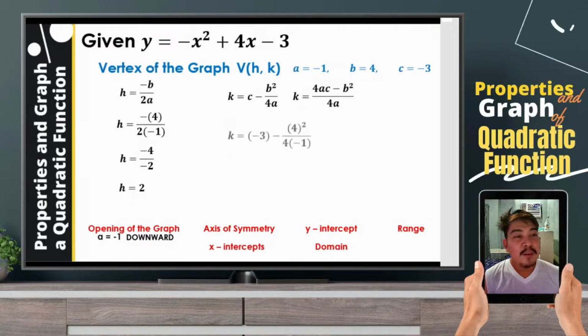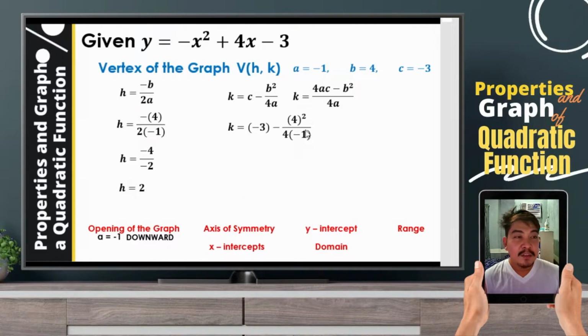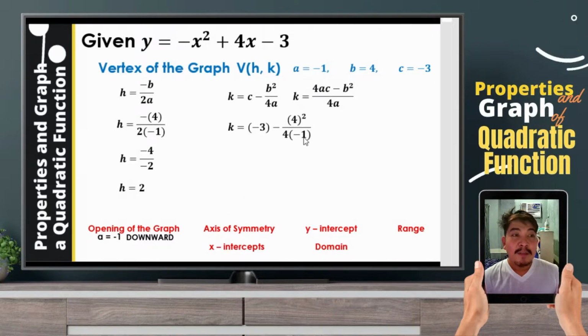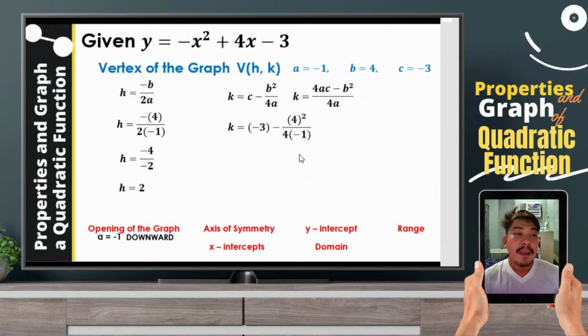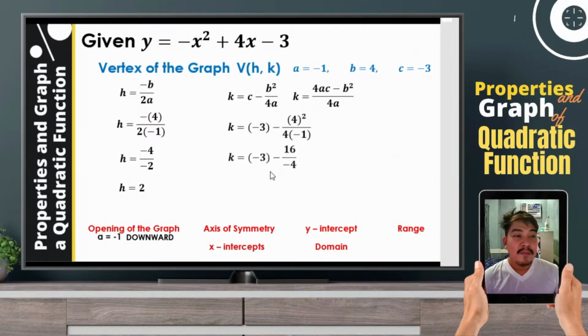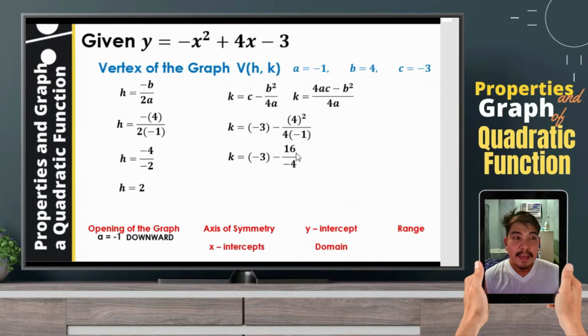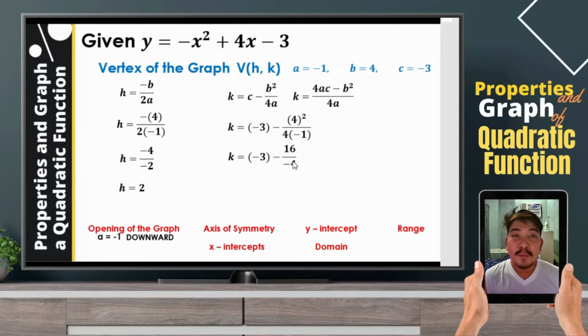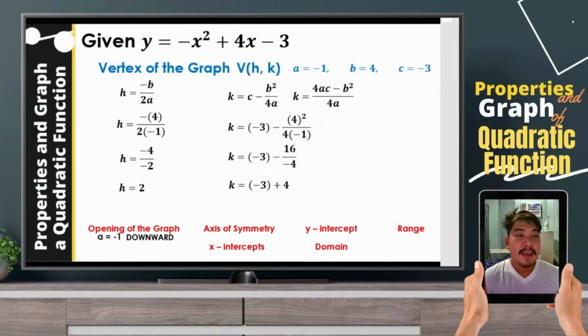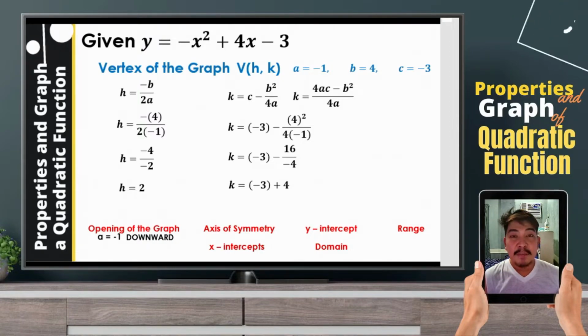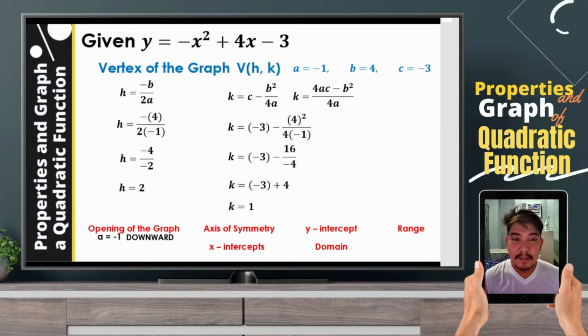And for the value of k, that will be -3 minus 4 squared over 4 times -1. Simplifying, that gives us -3 minus 16 over -4. 16 divided by -4 gives us -4. Negative times -4 will now produce +4. Thus, we have k equal to -3 plus 4, and -3 plus 4 is +1.